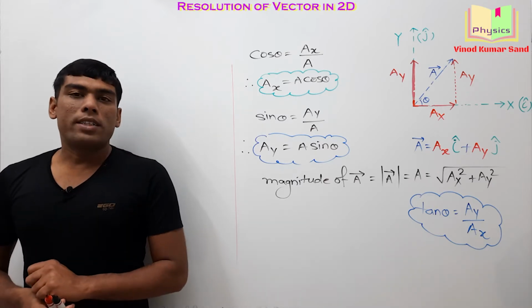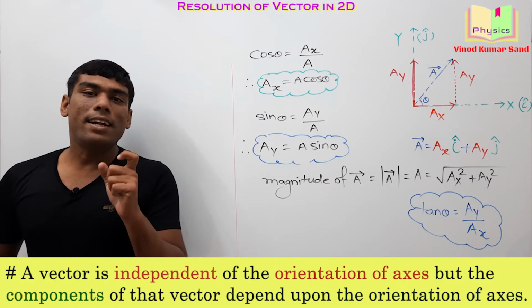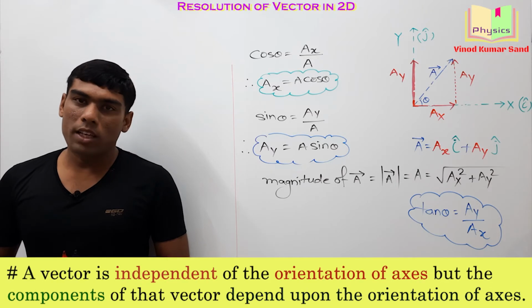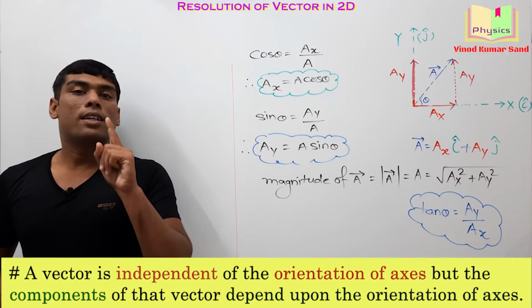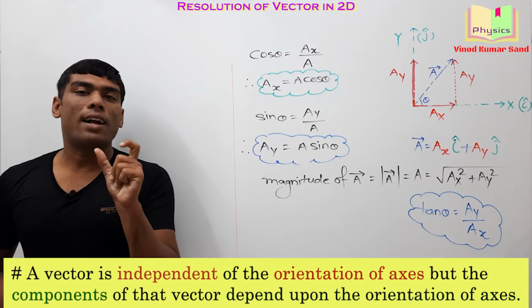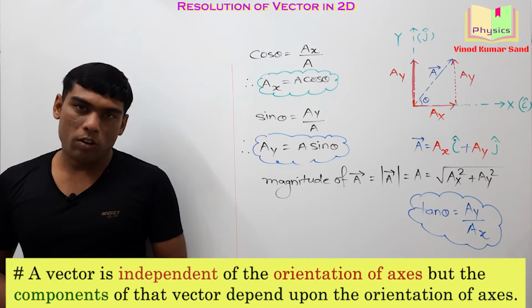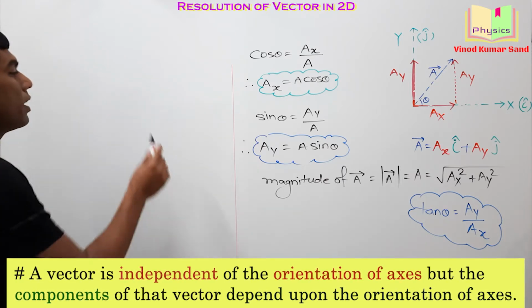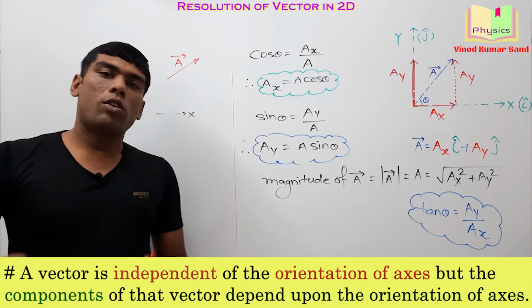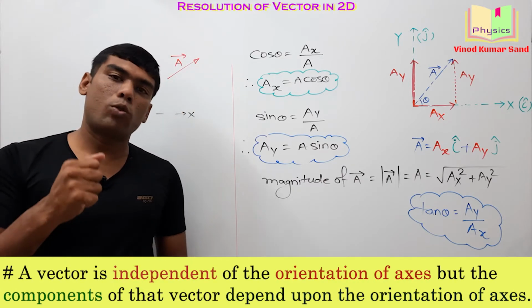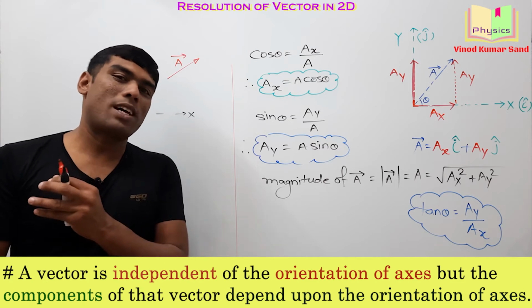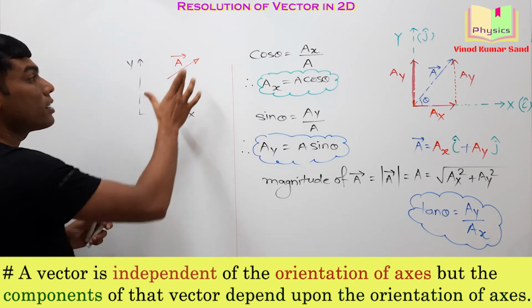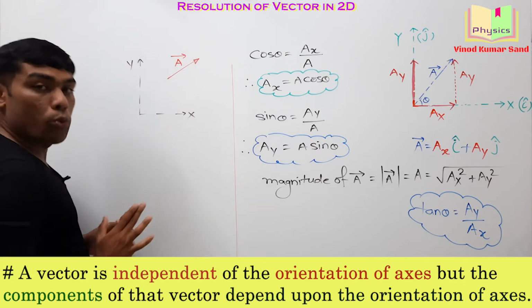Fourth important point, a vector is independent of the orientation of the axis, but the components of the vector are dependent upon the orientation of the axis. See it. If you flip the coordinate system, if you rotate the coordinate system, if you translate the coordinate system, nothing will happen to this vector.